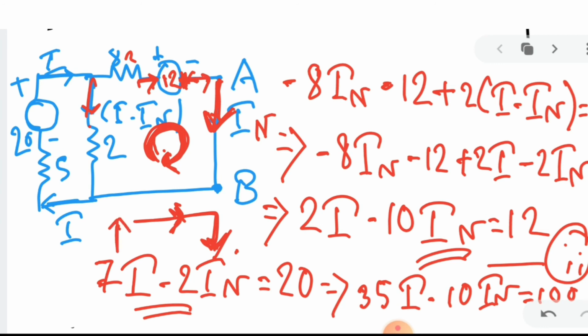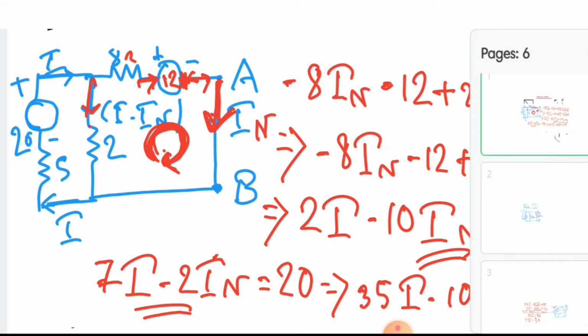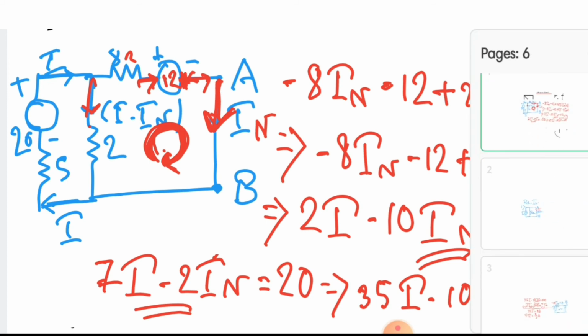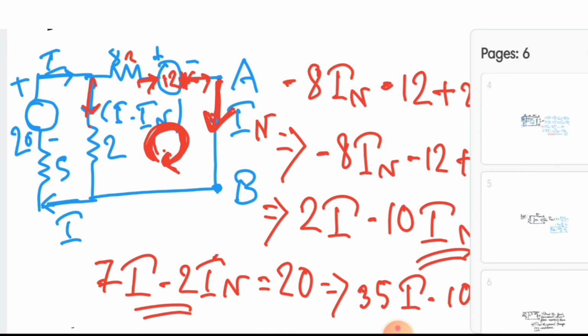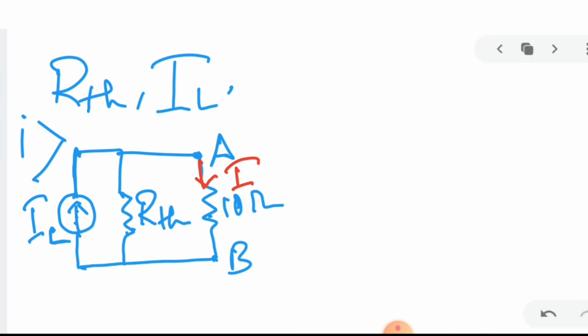Okay, whatever direction you choose for Norton's current, if the value is positive then it's okay, but if it is negative, then the direction is opposite.